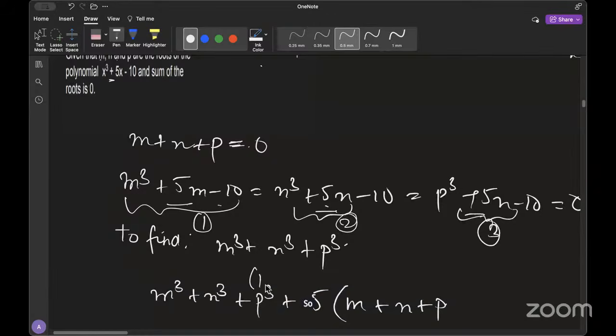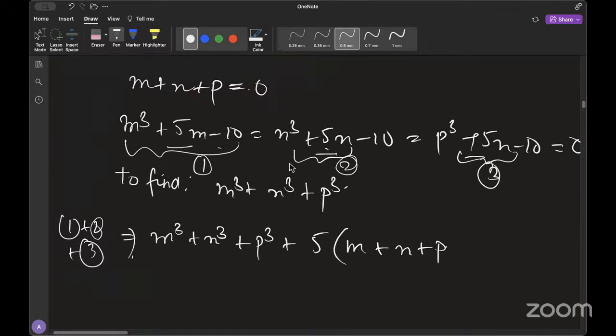When you add these, you'll have 5 common, and m plus n plus p will be there, and then minus 10 plus minus 10 plus minus 10 is minus 30, equals 0.